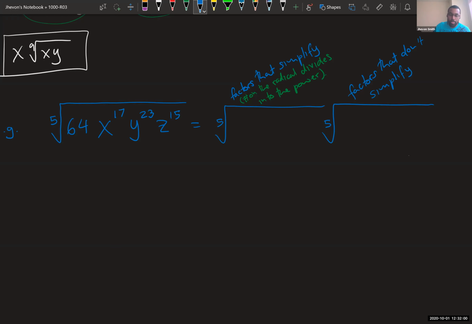I mean, if it helps, you can know that 64 is equal to 2 to the 6th, if that helps. Does anyone see how we can break that up? Two to the something times 2 to the something else, where the first something is divisible by 5.